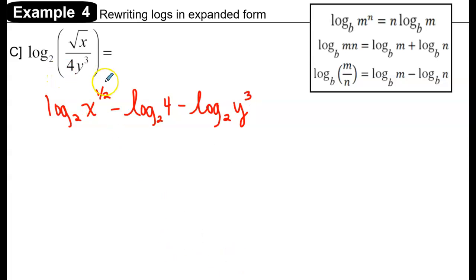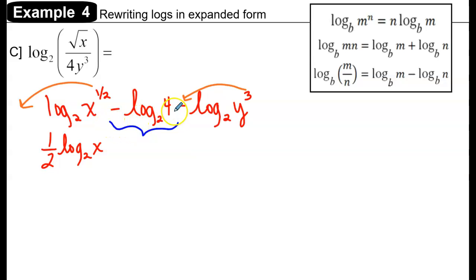I'm going to use the power property in order to make those exponents into coefficients. So then I have a 1/2 log base 2 of x. Here in the middle, the log base 2 of 4 can be evaluated. Log base 2 of 4 is equal to 2.